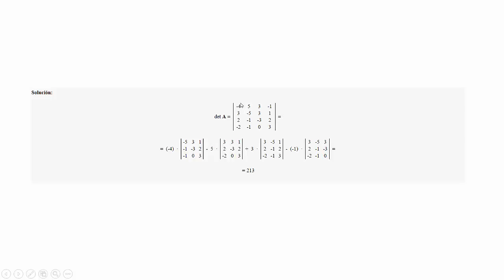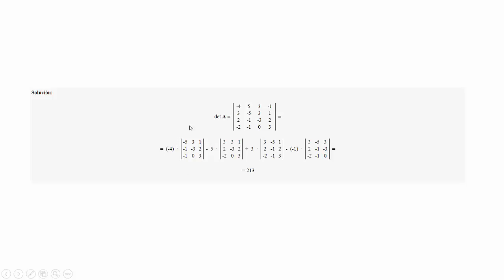So we have the number minus 4, and we are going to remove, we can say that way, this column and this row. In that way we have a determinant of 3 by 3 that is here. So we are going to multiply that minus 4 by this determinant, which is shown here.